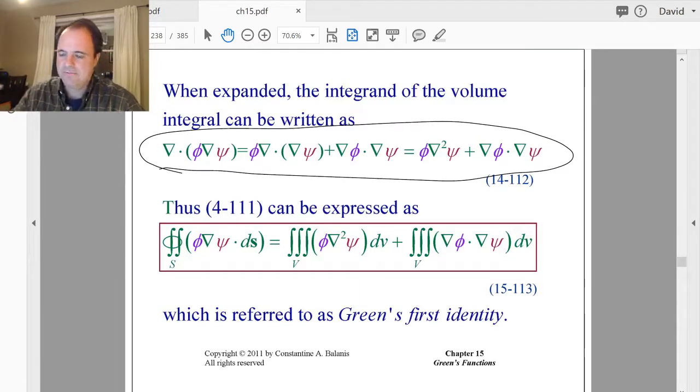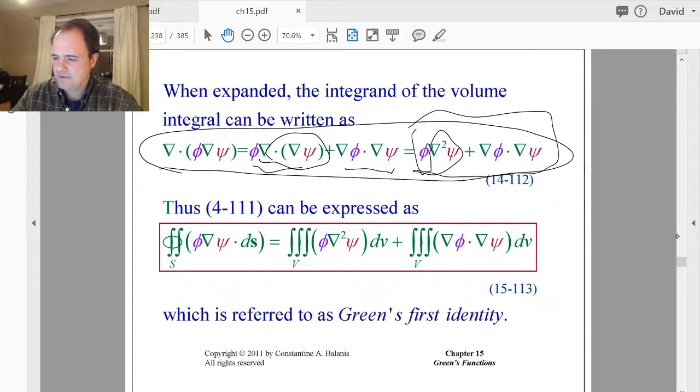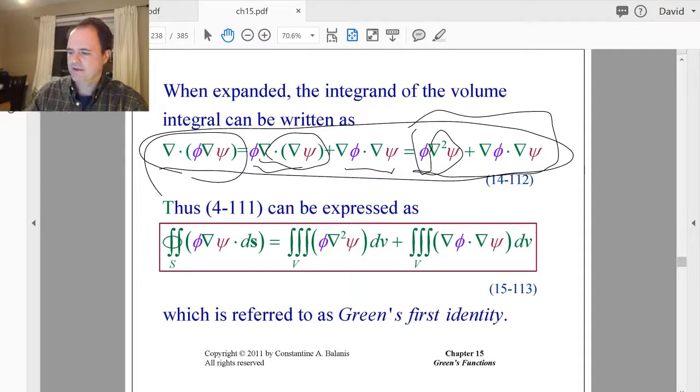Basically, del of this, product rule essentially, and you find that it's equal to this and this, where this right here is just del squared. And so we replace that, so we use this right here instead of this in the volume integral, getting this right here. So that's extraordinarily easy. That's called Green's first identity, all right?